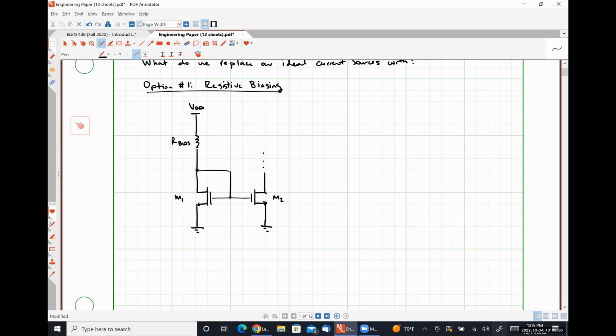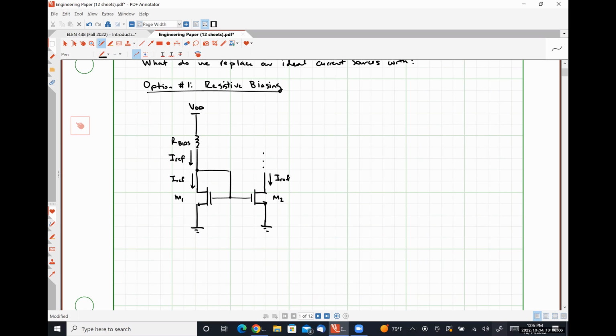So in this case, the current that's flowing through our bias resistor is our reference current. So whatever current that is winds up flowing into the drain of M1 and then gets copied over here in transistor M2.